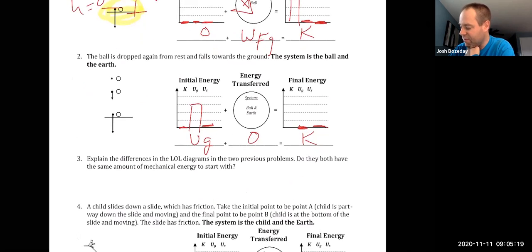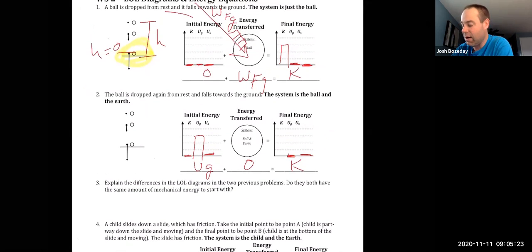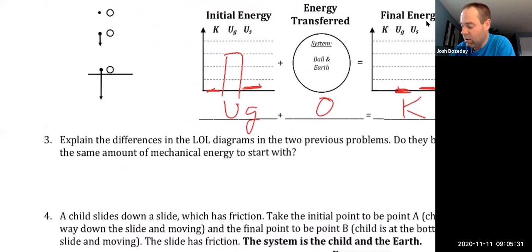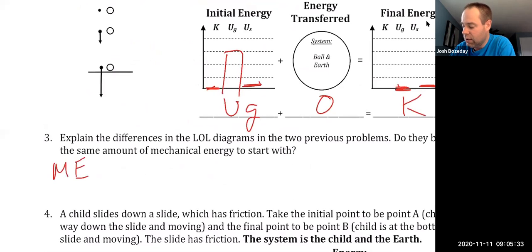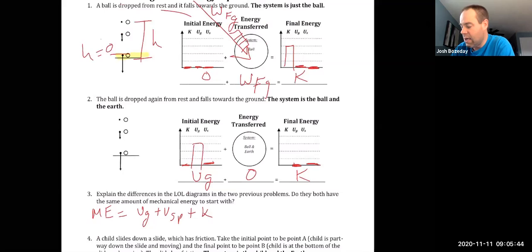So what's the difference? So mechanical energy. Now, we didn't really get to touch on that yesterday, but if you watch Miss Rona's video, she talked about it. And so mechanical energy is equal to UG plus U spring plus K. And so the difference is this.